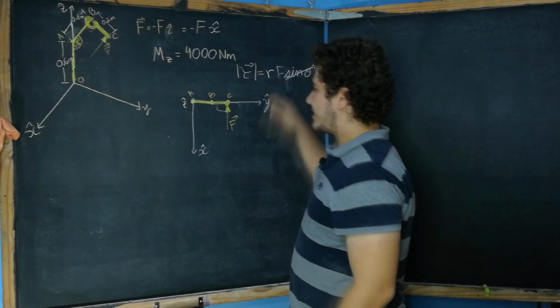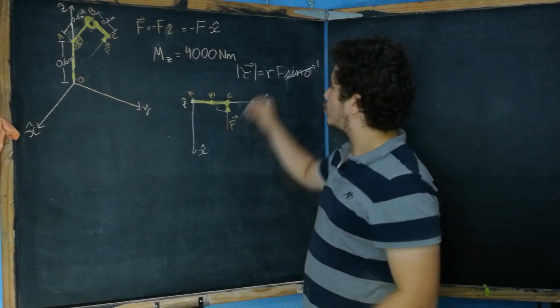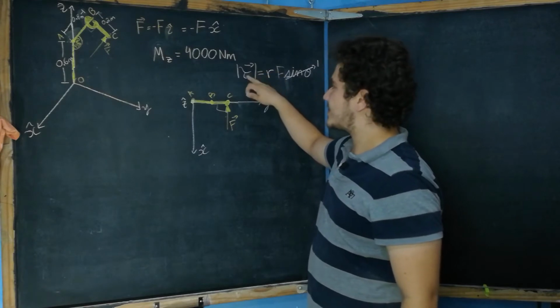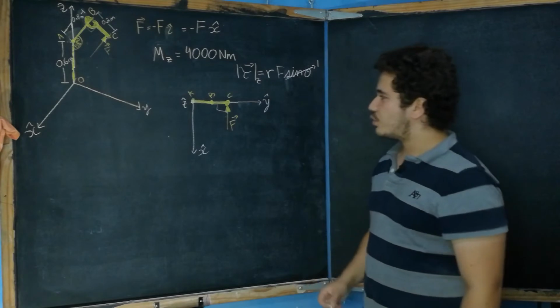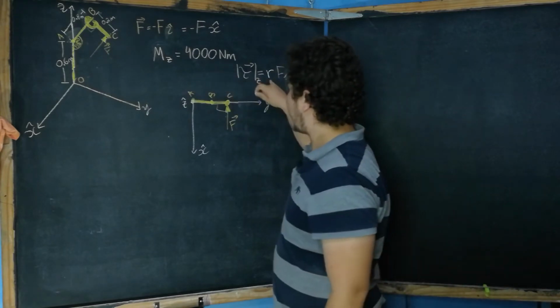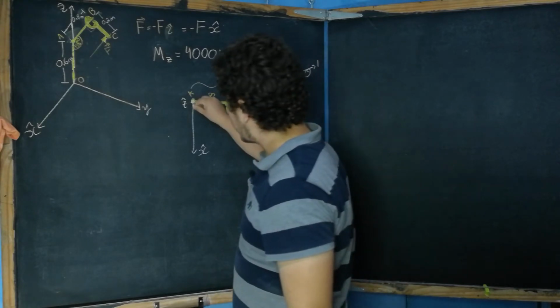Note that this is just taking into account the z component of the torque. So we can write it like this, the magnitude of torque in the z direction. So we will have to calculate the magnitude of R, that is this one. First, we calculate this magnitude.